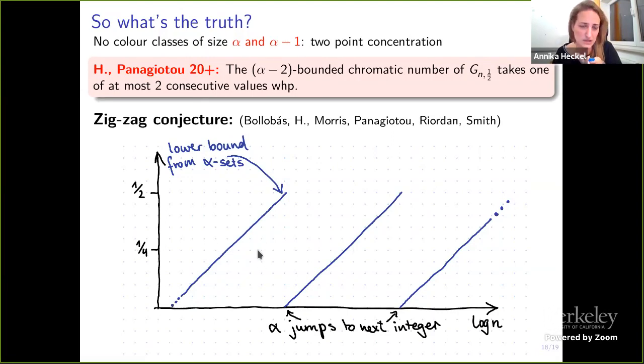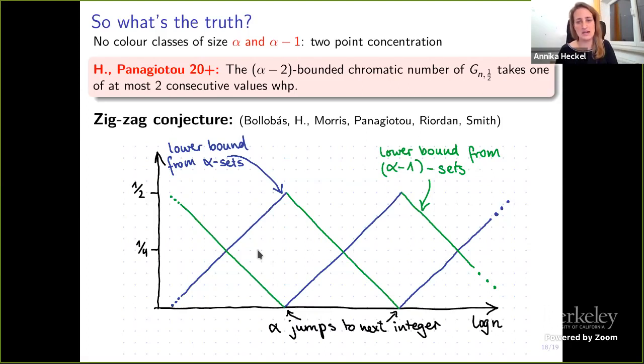The lower bound coming from the alpha minus 1 sets, which is slightly trickier to understand, goes the other way. This is the green thing. The conjecture, which we call the zigzag conjecture, is that this is where all the non-concentration of the chromatic number comes from. So we think the true behavior is that the concentration interval length zigzags up and down between n to the 1/4 and n to the 1/2.